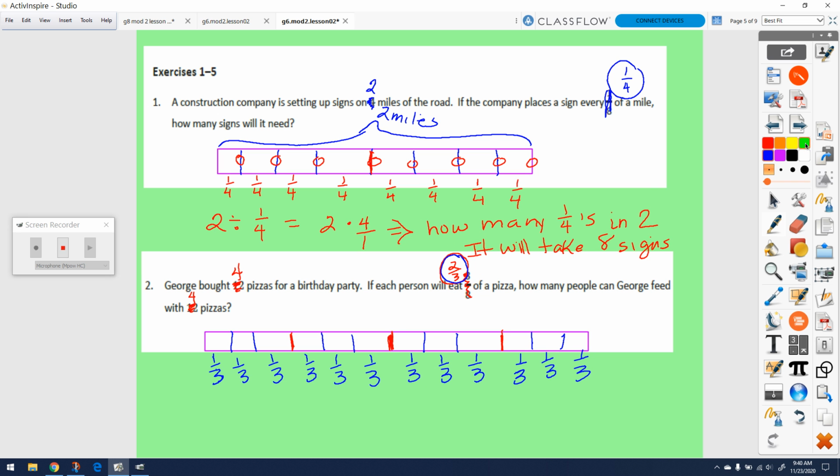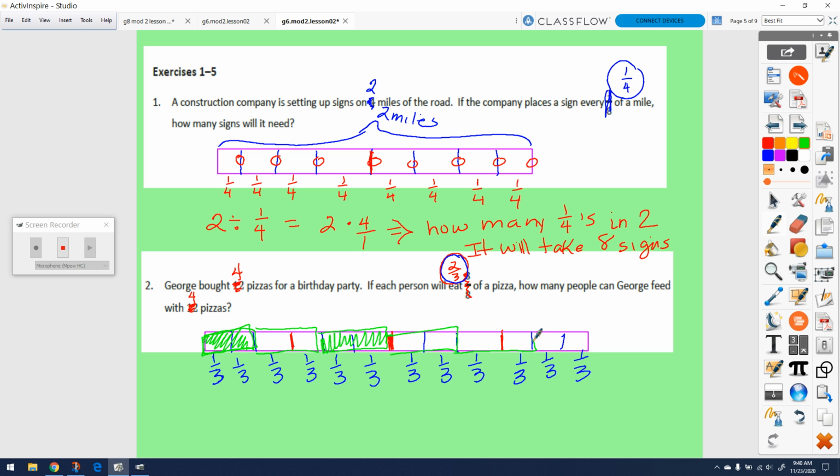So when we're looking at this, we need to talk in 2/3. So this is one group. So this is one person. Okay. Here is a person. Here is a person. Because each of them are getting 2 of those pieces.